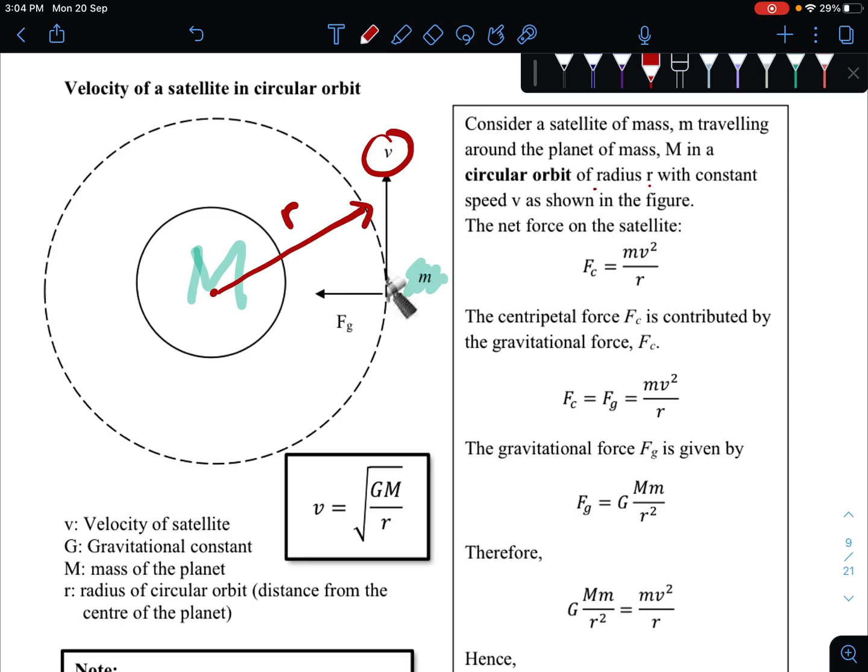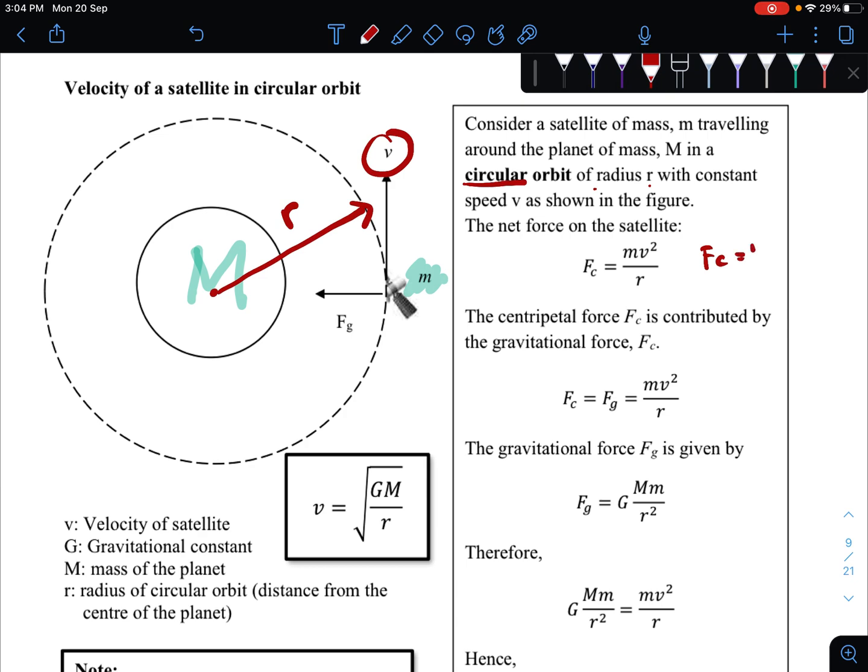Okay, since the satellite is going to move in the orbit here and the orbit is circular, as you can see, it is making circular motion, because the satellite is moving in a circular orbit.